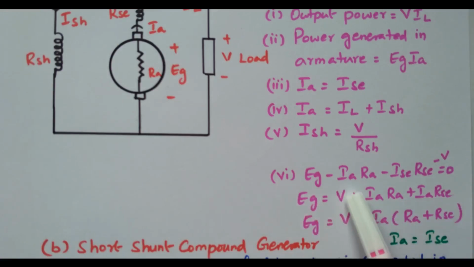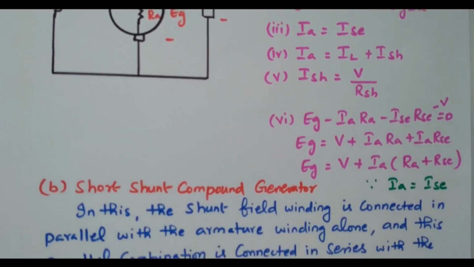The balance voltage after the drop is V, right? Because ISC is equal to IA, we can write IA into RA plus RSC. So the generated voltage is dropped across the load terminal after the drop across armature as well as series field resistance. Now we'll go to the short shunt.